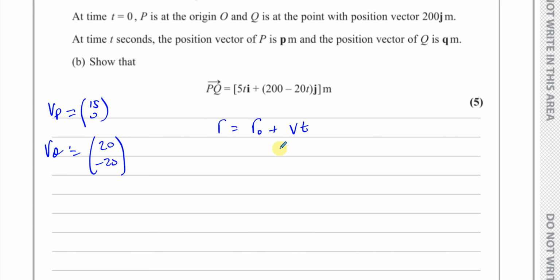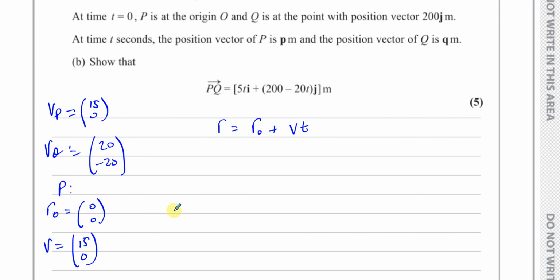All right, so if we consider P, we know that its initial position is (0, 0). It's at the origin. Time equals 0, P is at the origin. So that's its position relative to the origin. So r0 means the position of the object when time was 0. And we know that its velocity for P is (15, 0).